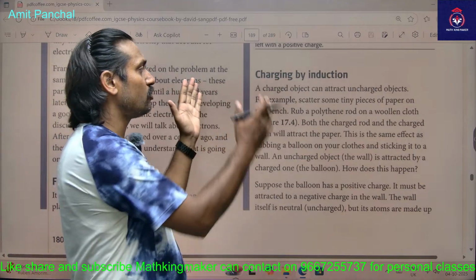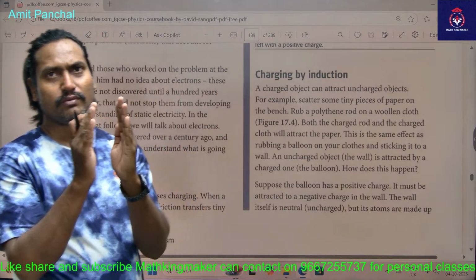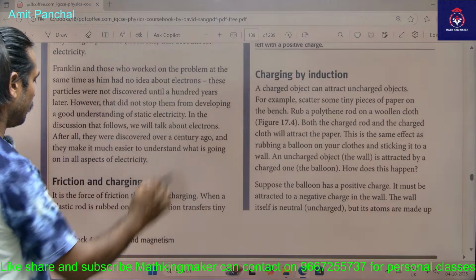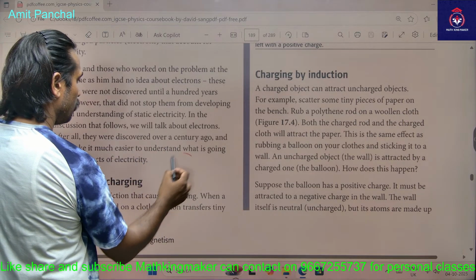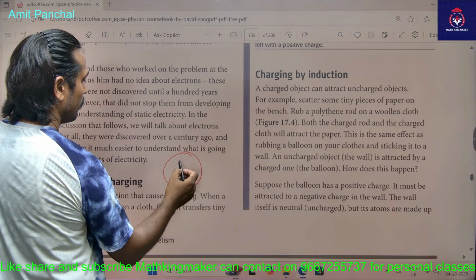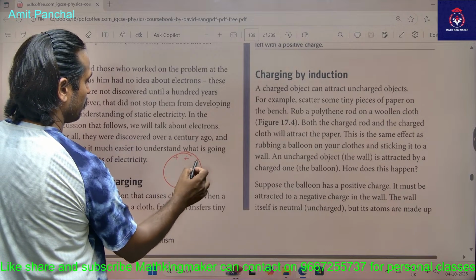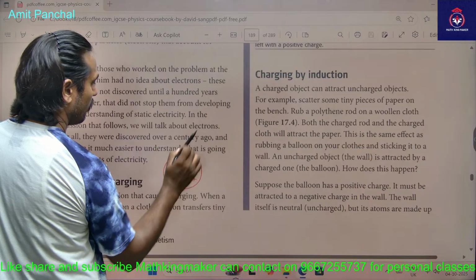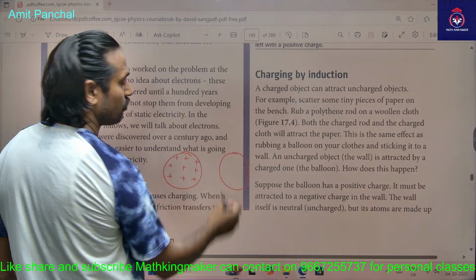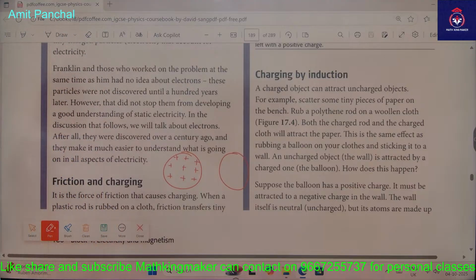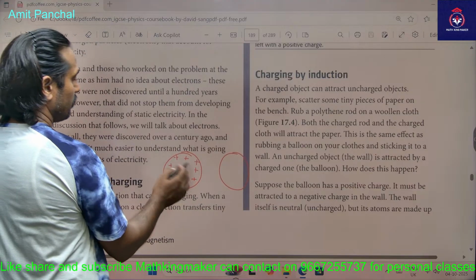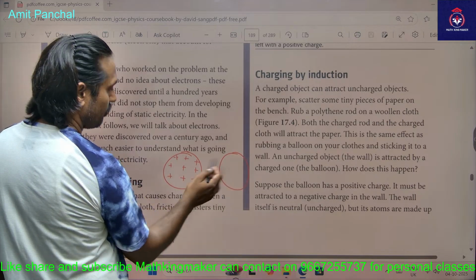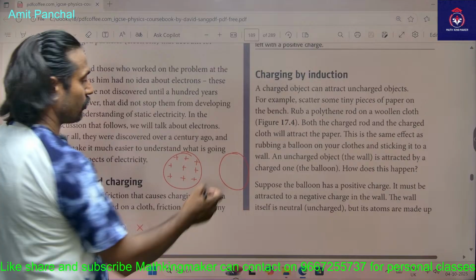Induction means it is not in contact. Let us say you have two spheres, one is positive charged, and you have another sphere which is not charged. What will happen? This is positive charge sphere, so all electrons will be attracted by this.